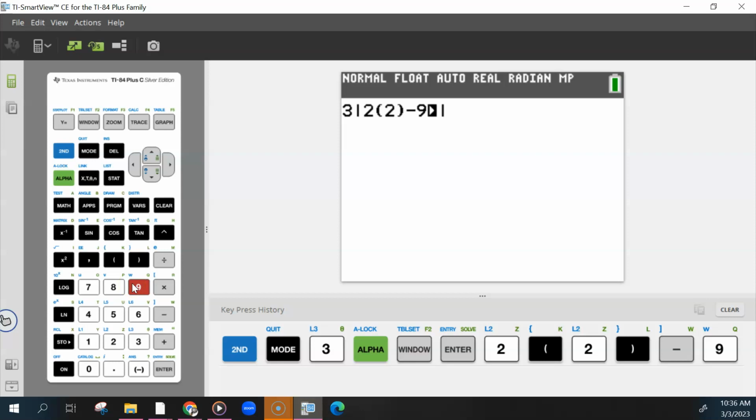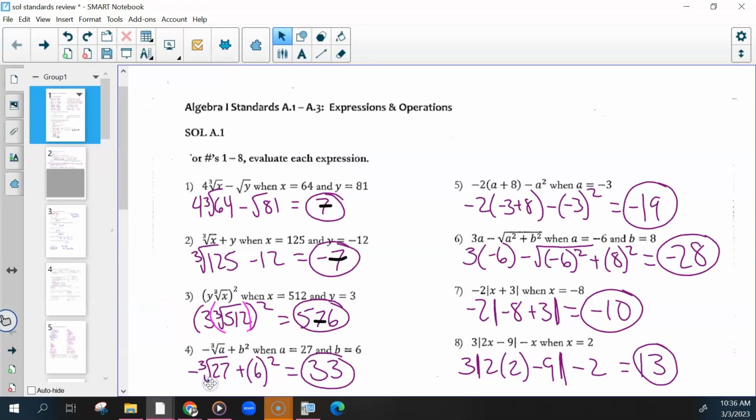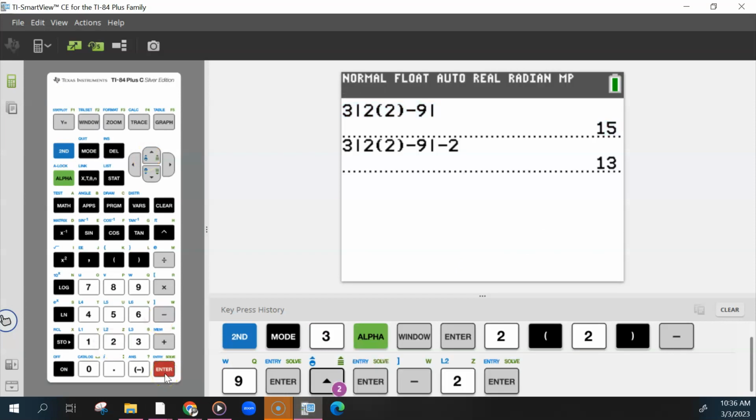Alpha window. Oh, that was 15. Is that correct? Minus 15. Got it. There we go. Now it's 15. Any others from those first 8 you want to see in the calculator or in Desmos?